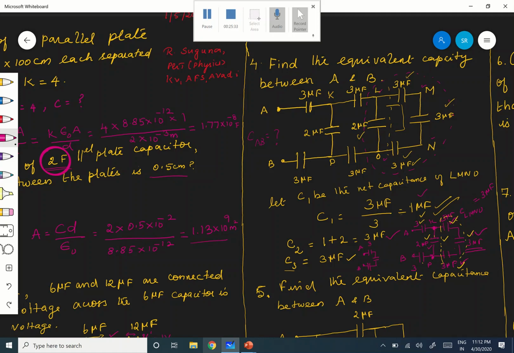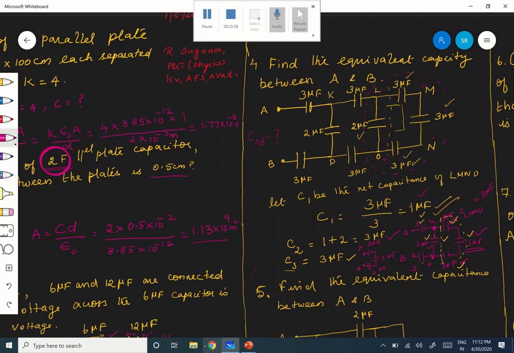Everything is in microfarad: 3 microfarad, 3 microfarad, 3 microfarad, all the 3 in series. 3 in series means what will be your final CAB?